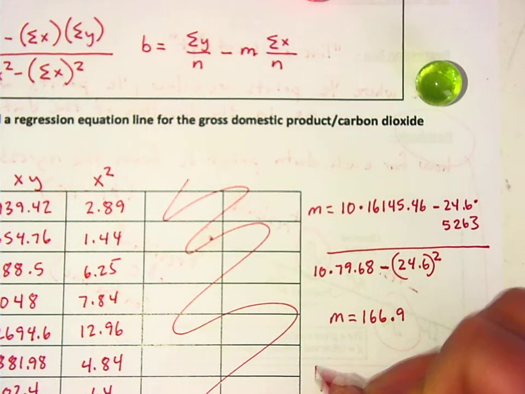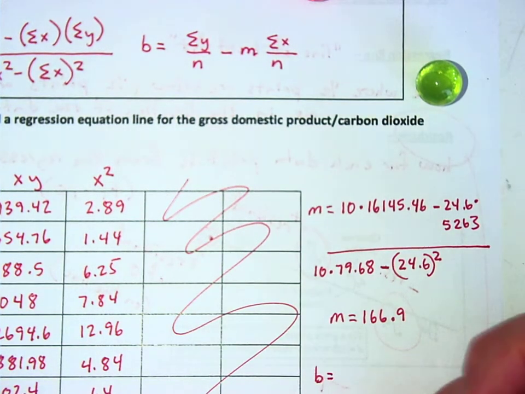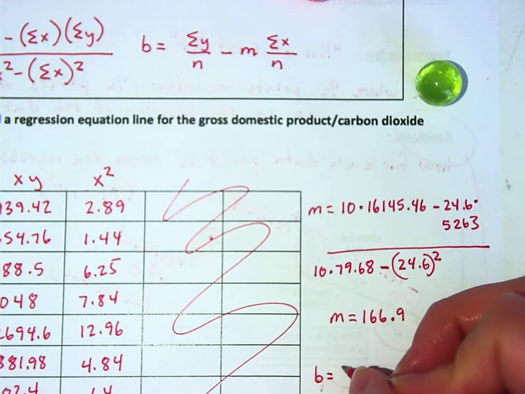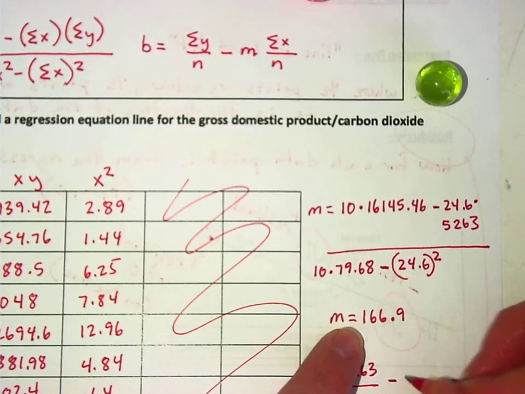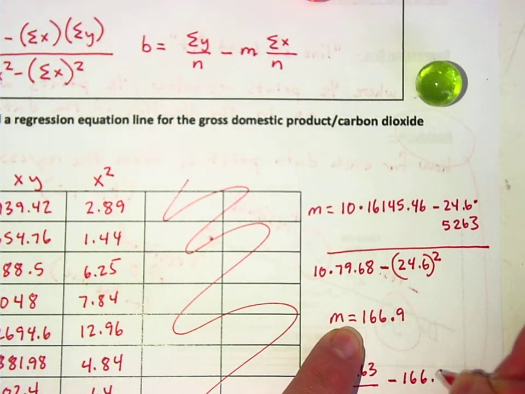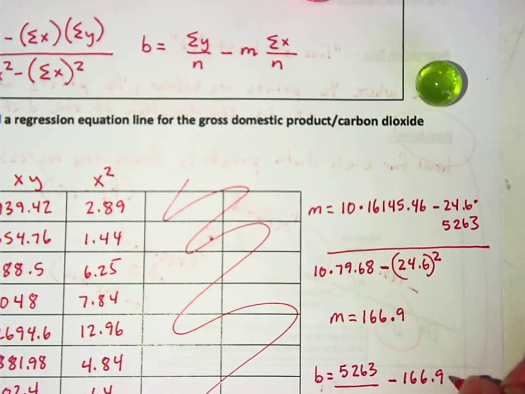To figure out b, you take the summation of the y's divided by n, 5,263 divided by 10, minus the m, which is 166.9, times the summation of the x's, 24.6, all divided by 10 again.